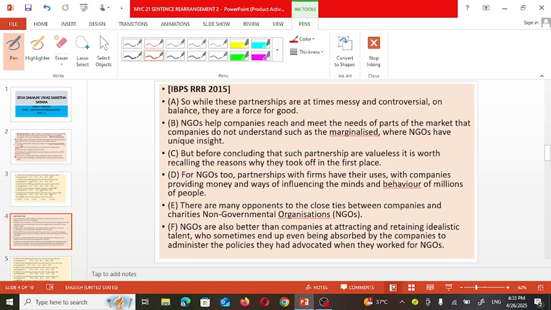Let's see the statements. While these partnerships are at first messy and controversial, on balance, they are a force for good. NGOs help companies reach and meet the need of parts of the market that companies do not understand, such as the marginalized, where NGOs have unique insight. Next sentence.